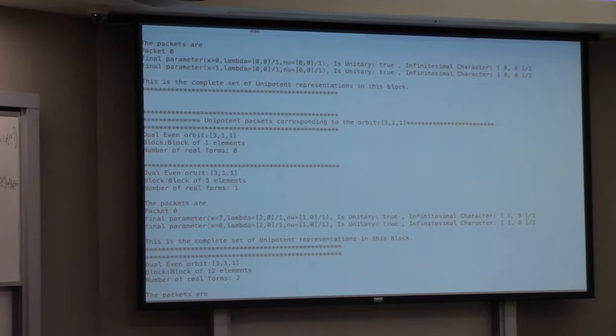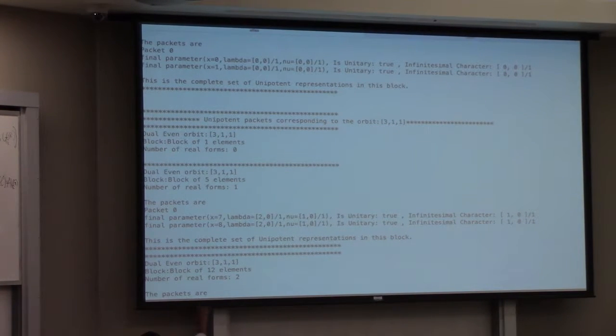If you're looking for the orbit 3,1,1, this is an interesting orbit.